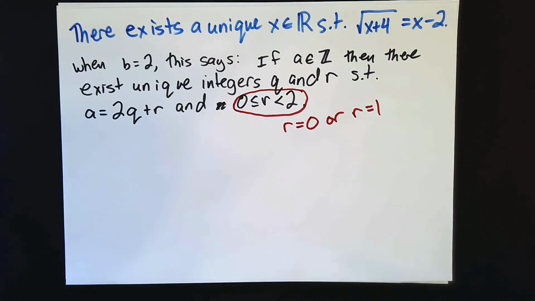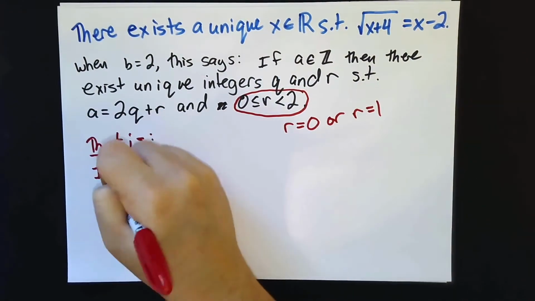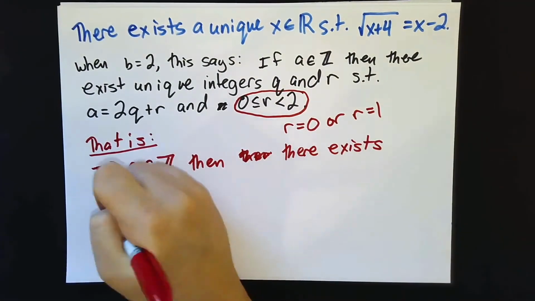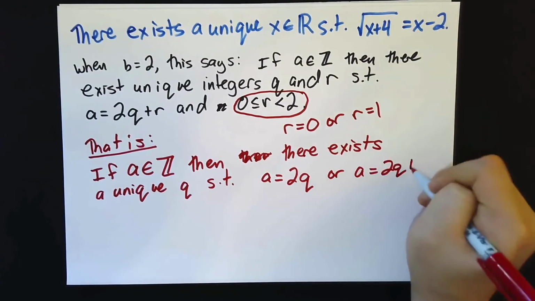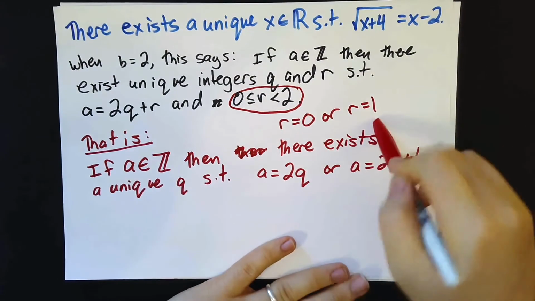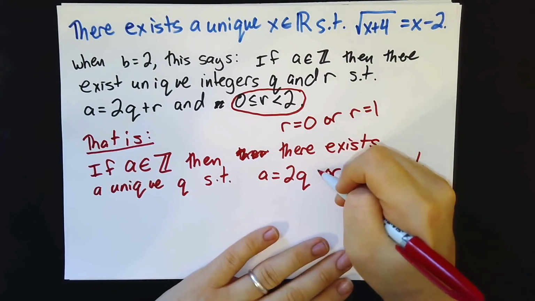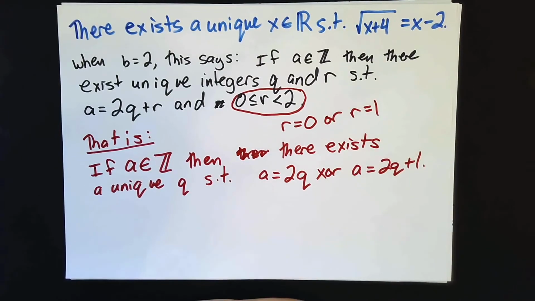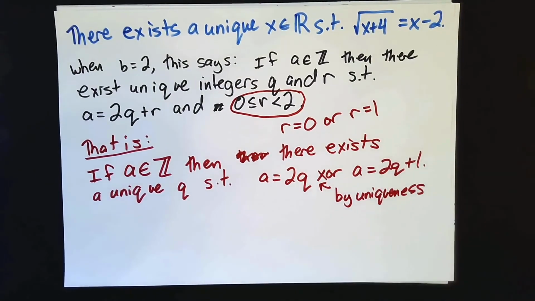So now since r is always going to be 0 or 1, I can break those two pieces out and say that there exists a unique q such that a is 2q or a is 2q plus 1. Now, in fact, because the r is unique, not only is this an OR, in fact, this is an exclusive OR. This is by uniqueness.